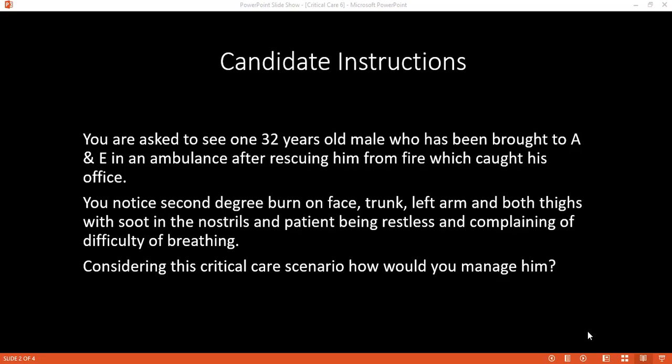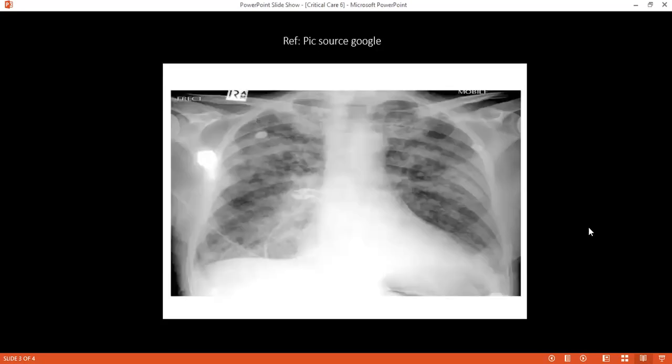Very good. Okay, can you please read this image for me? So it is an X-ray chest AP view, in which I can see there is cardiomegaly, and there are bilateral fluffy shadows in both lung fields.